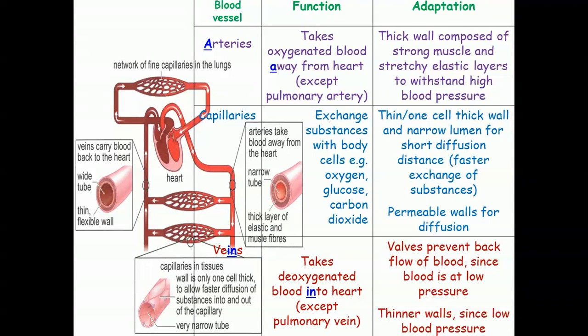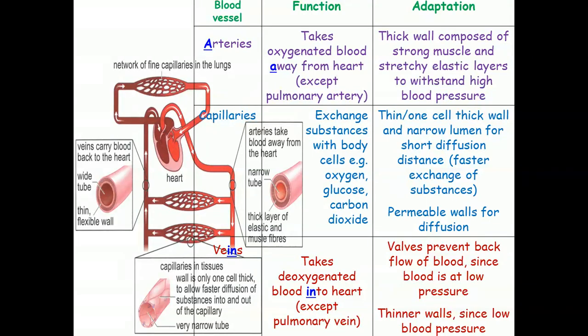So because this is blood that is being carried away from the heart, that means there's a really high blood pressure, because there's more collisions of the blood with the blood vessel due to the strong contraction of the ventricles. So this means that there'll be a large pressure on the blood vessels.